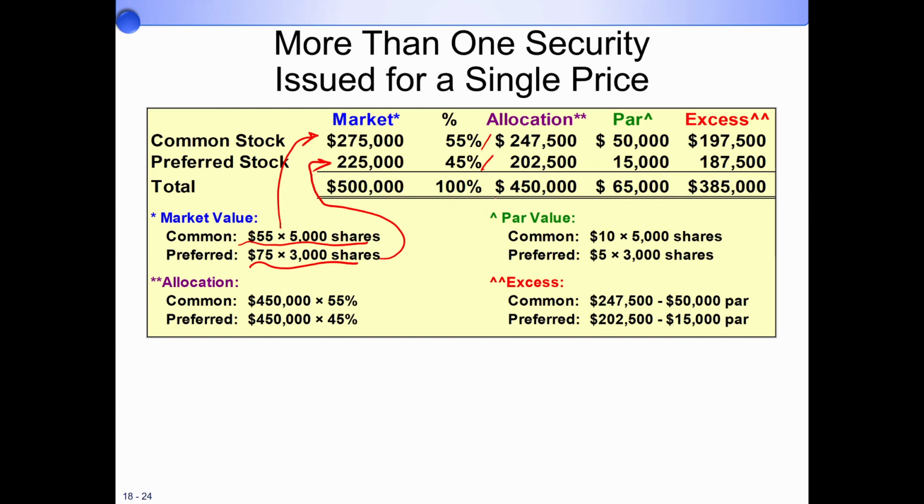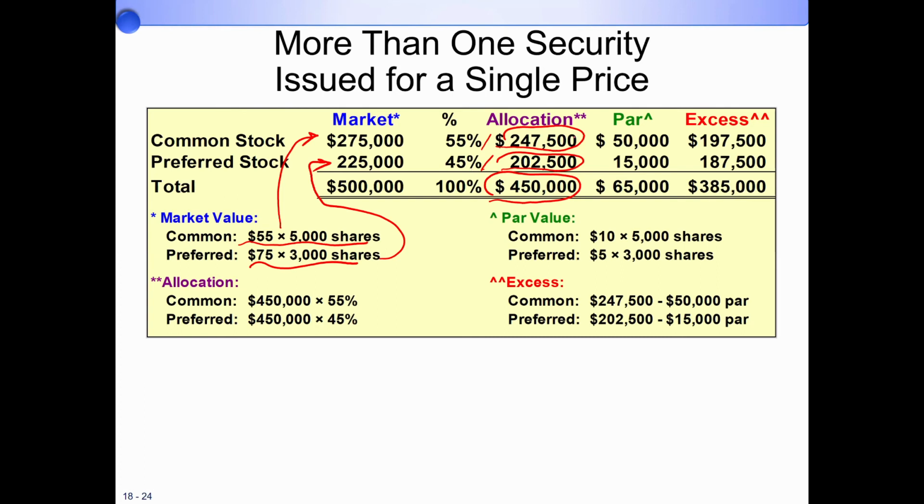Now, because when we issue those two together, in total we receive 450. That's the total value of these two securities. So now 450 times 55%, you get 247.5, and 450 times 45%, you get 202.5.